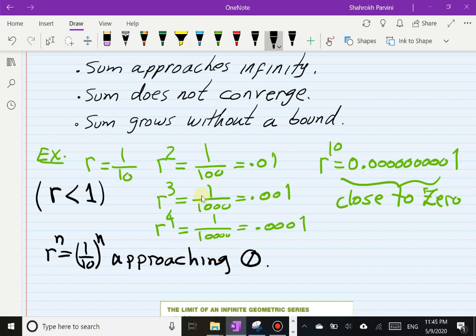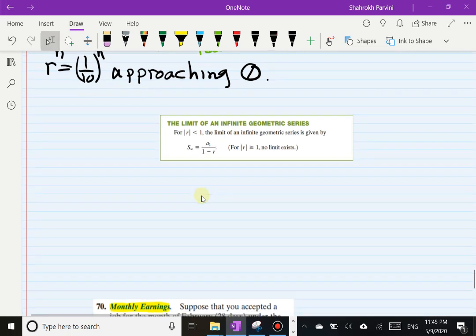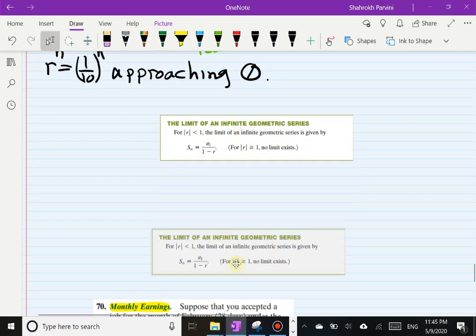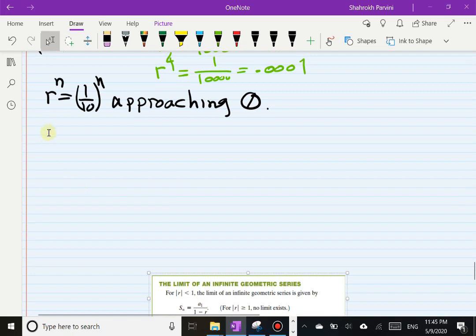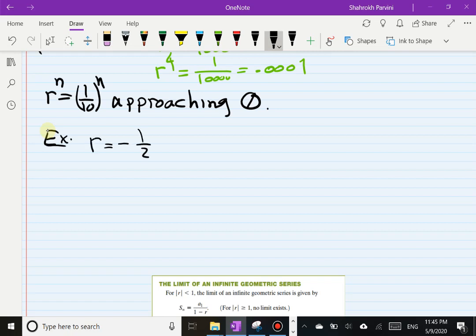Now, the common ratio could be positive or negative, by the way. Let me give you an example of a common ratio that's negative. This time I'm looking at r equals -1/2. I still want it to be less than 1 in absolute value. This time I'm looking at -0.5. So if I do r squared, well, r squared is going to be 0.25, that's -1/2 by -1/2. r cubed, that's -0.5 times 0.5 times 0.5, is -0.125.